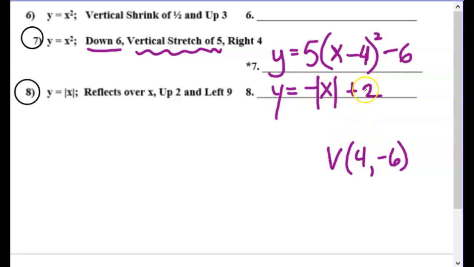Those are the two that have to happen in this order. Left 9 would be a plus 9 inside. But as long as this reflecting happens before the up, we're okay. Is it going to happen before the up right now because of order of operations? Yes. We would actually do the left 9 first, but that wouldn't matter. Okay. Whew, that was painful.